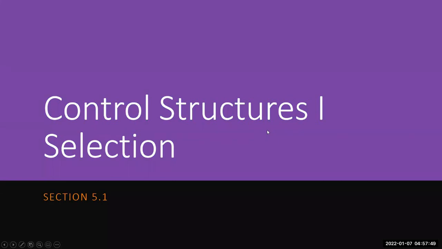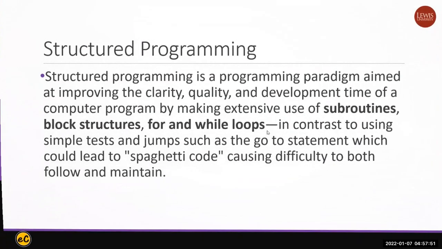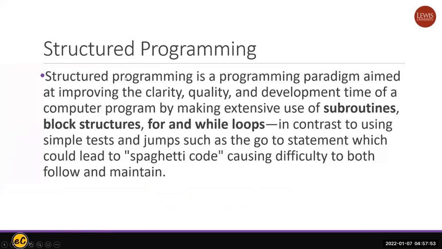Control structure: selection. A selection is if then else, switch statement, conditional statement, and these are called the basic operators or program structures for selection. The structured programming paradigm aims to improve clarity, so we avoid the go-to and use subroutines, control blocks, for loop, while loop, and if then else.